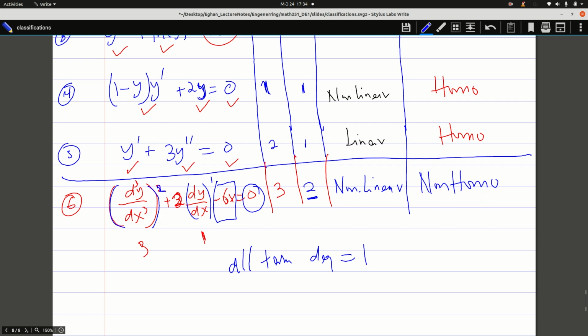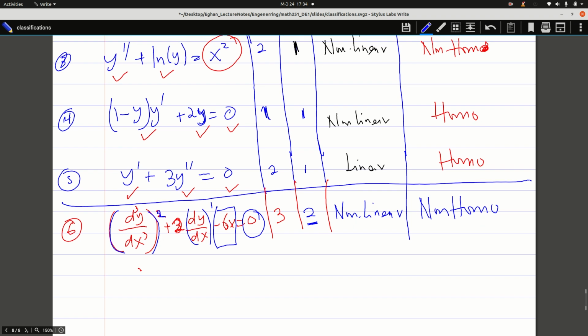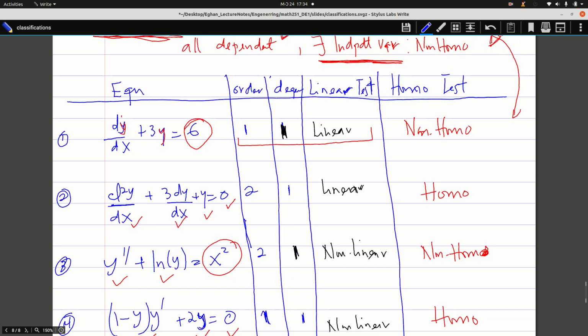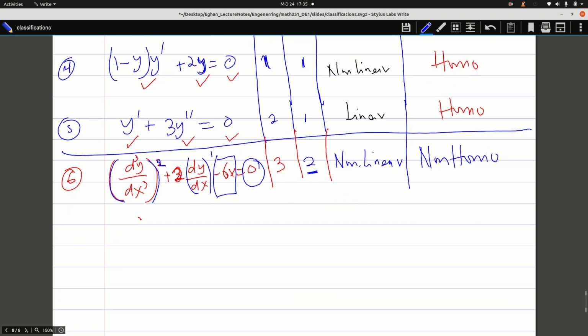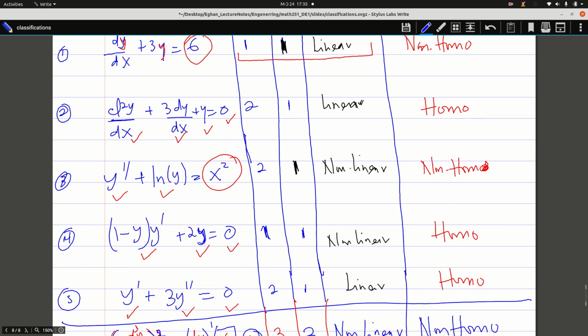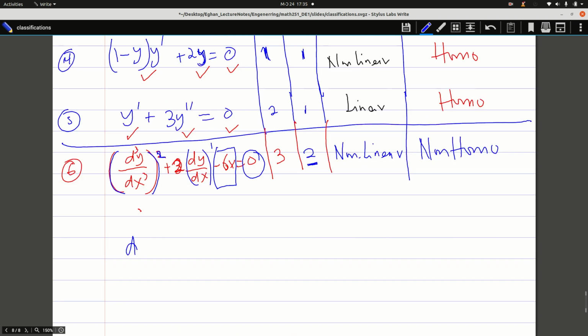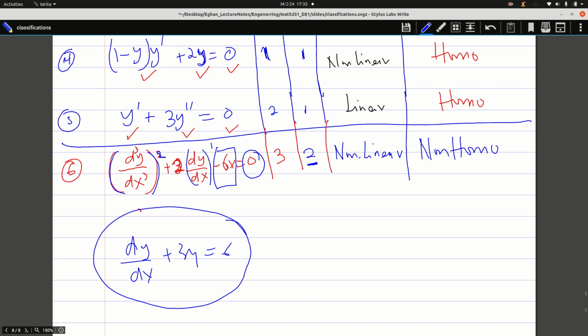Alright, let me end by saying that if you could see how I've done my table, I can read this at a go. So let me take the first example. Forgive me for the scrolling up and down: dy/dx plus 3y equals 6. If you're asked to classify this, you have to check for the type. So it is ODE.